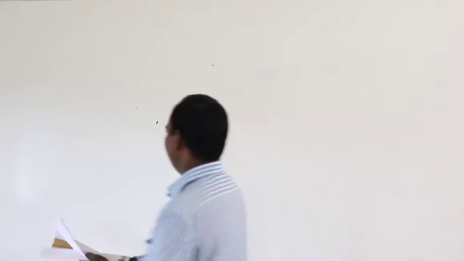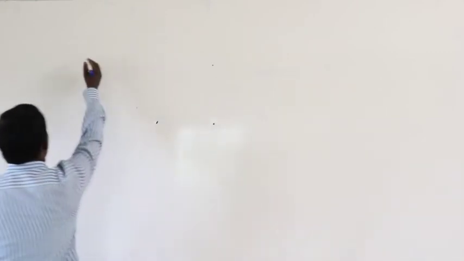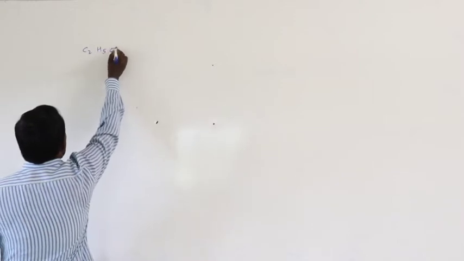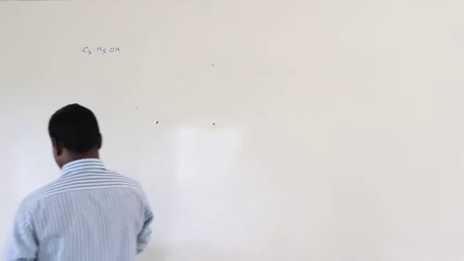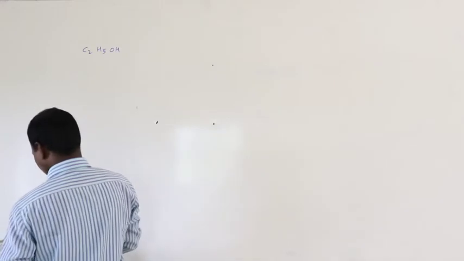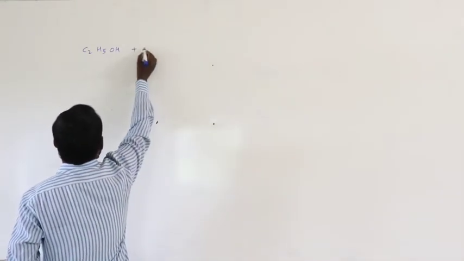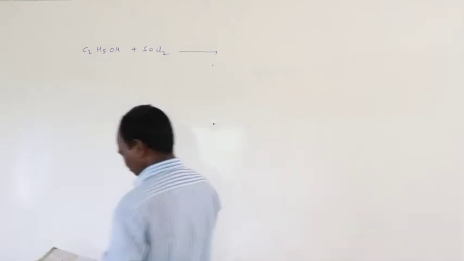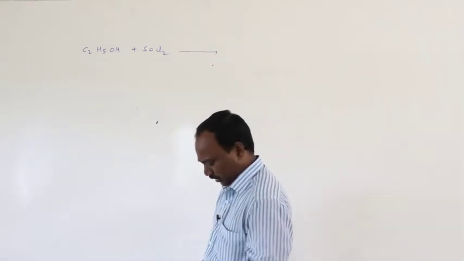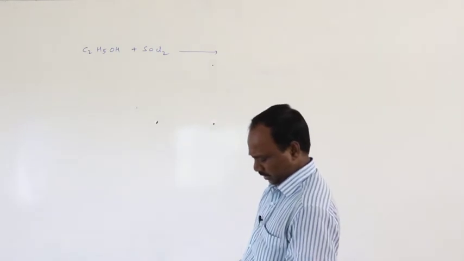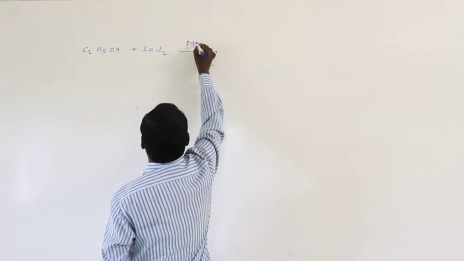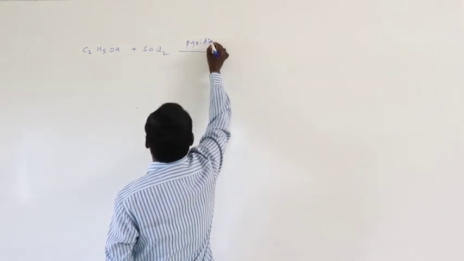C2H5OH, ethyl alcohol. C2H5OH ethyl alcohol is treated with SOCl2, thionyl chloride, SOCl2, in the presence of pyridine.